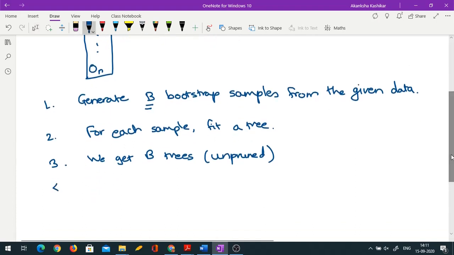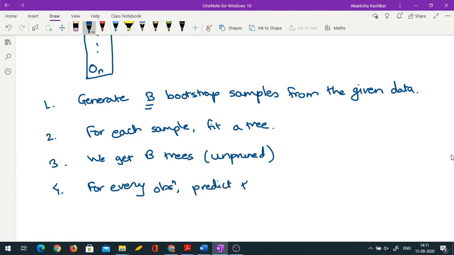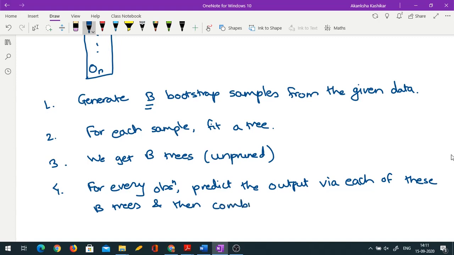Now for every observation, predict the output via each of these B trees, and then combine those outputs to get the final output.